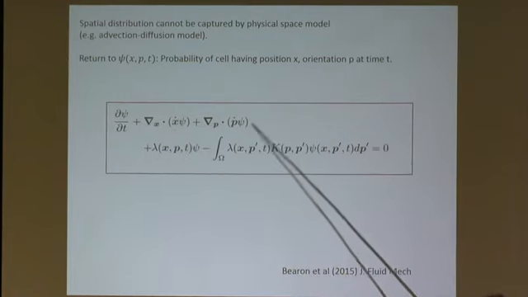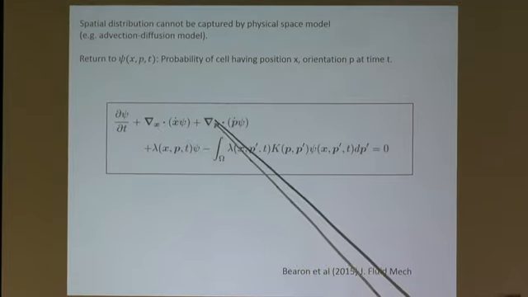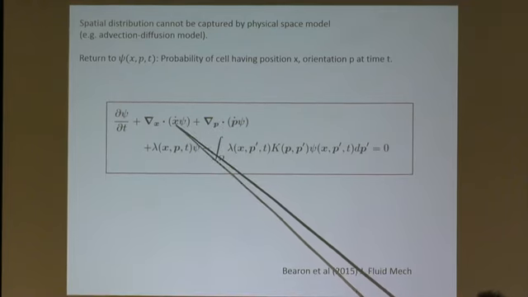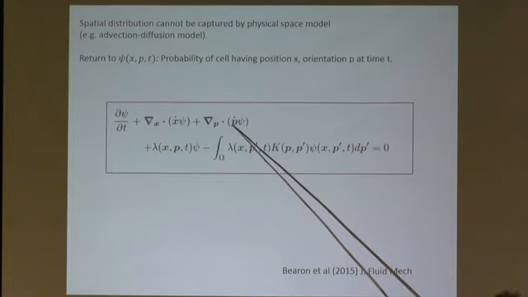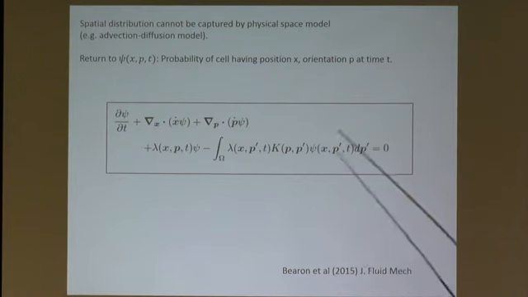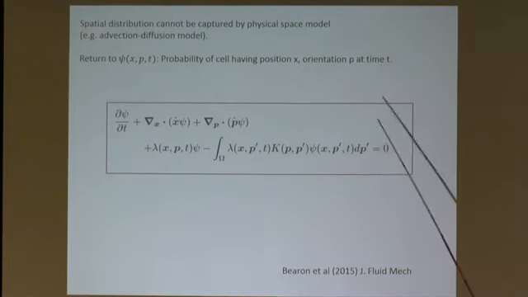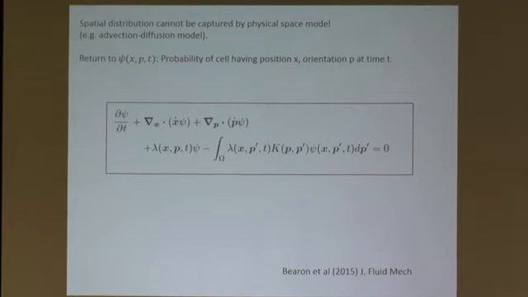Previously I went through those terms in detail: this was to do with advection by the fluid and spatial swimming, and this was to do with reorientation by the flow. Because I wanted to look at the effect of chemotaxis, I also introduced these extra terms, and these represent the run and tumble like behaviour of bacteria.